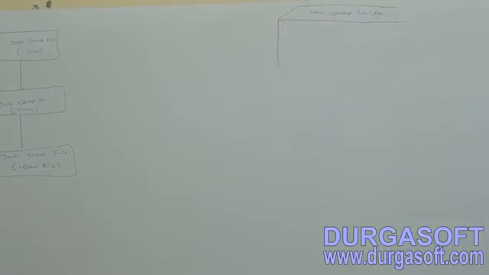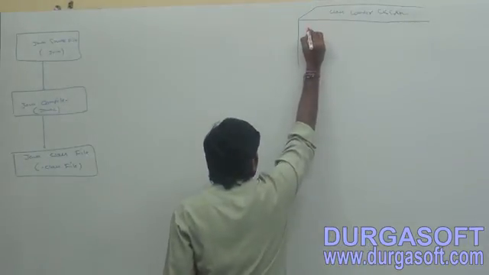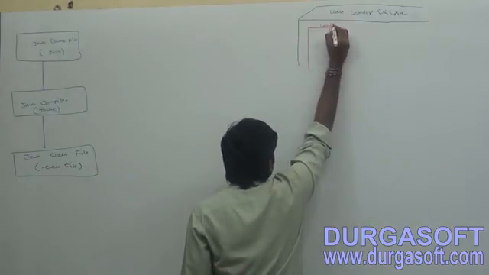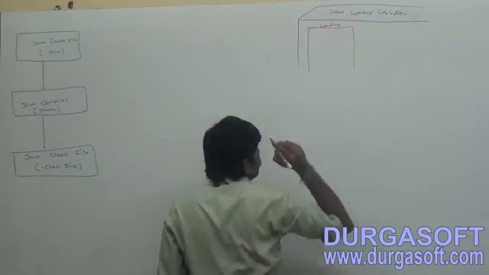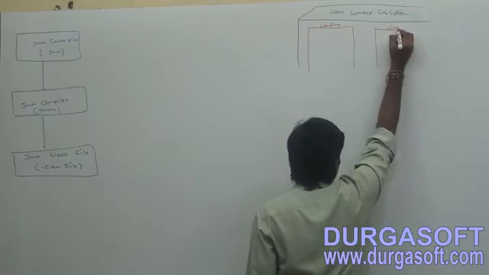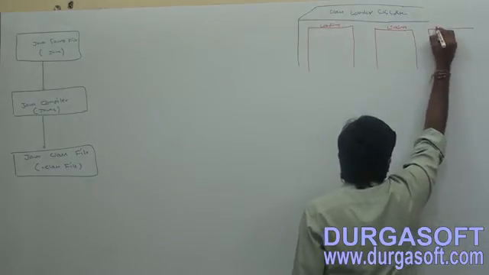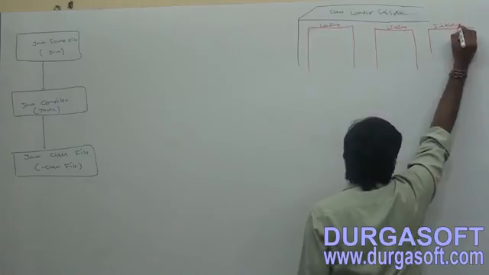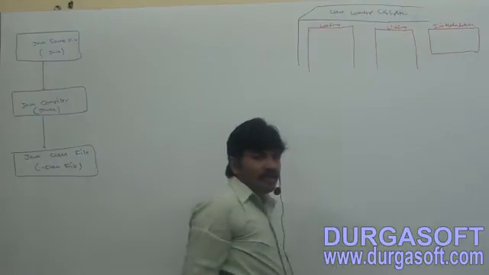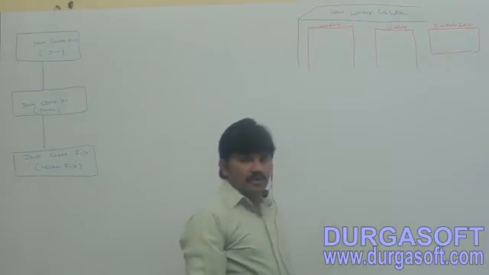The second part is linking, and the third part is initialization. Total three parts are there.